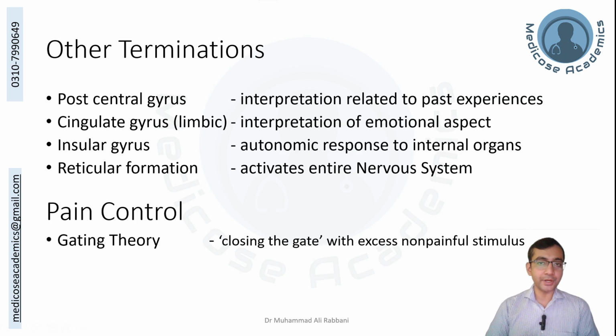And that is what we do naturally. If you get any sting or any pain, we constantly start to scratch ourselves so that we overflow our sensory stimulus, and that extra non-painful stimulus will close the gate.